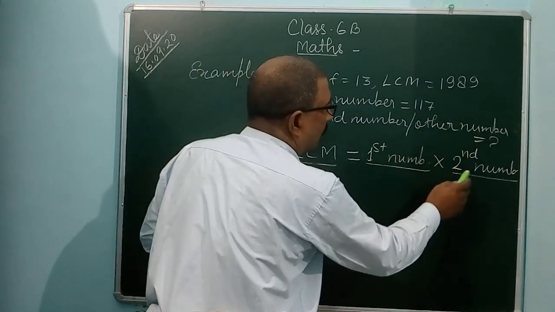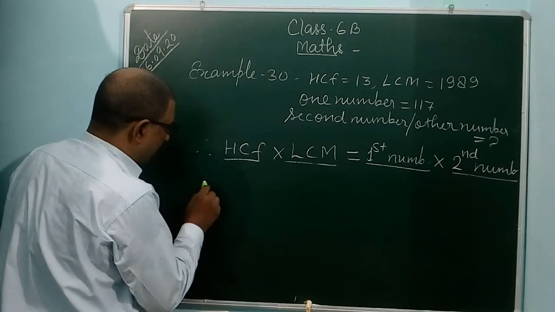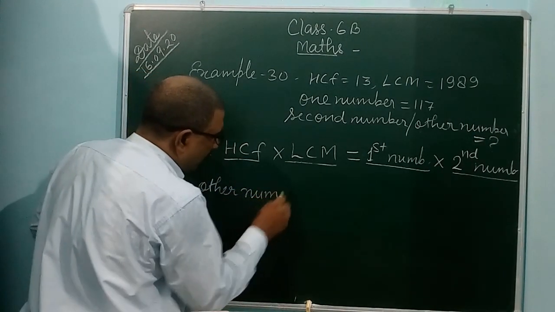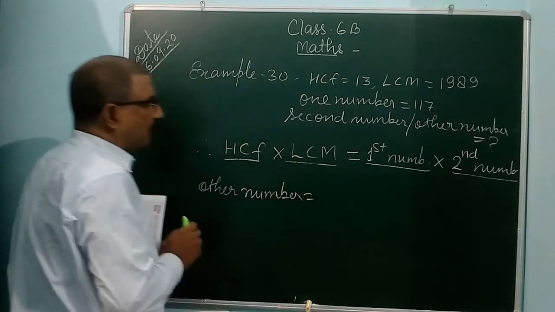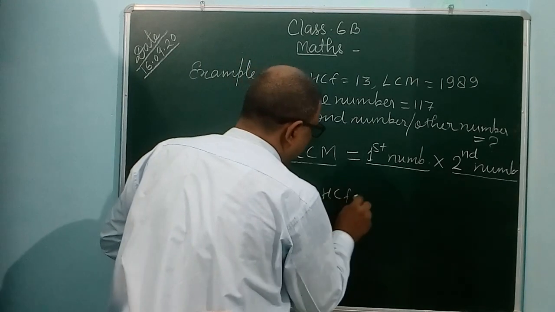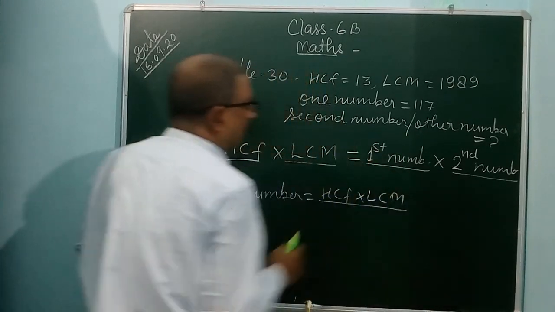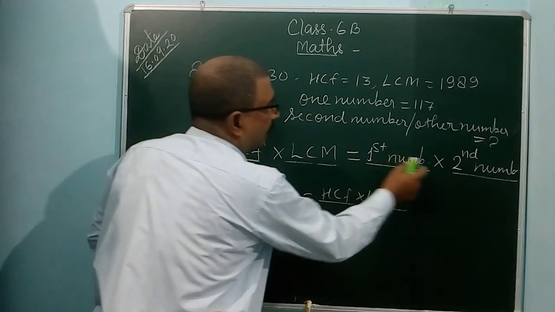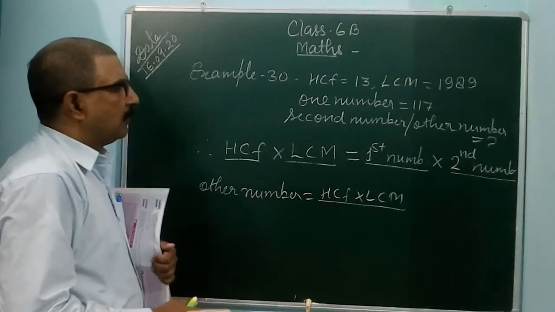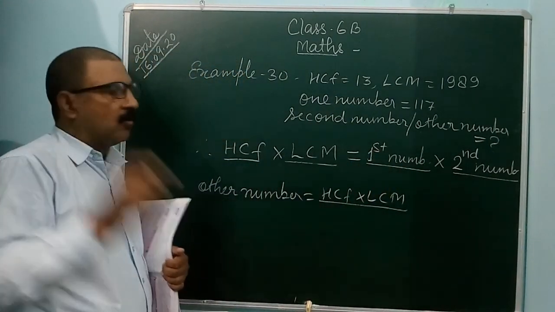Other number means second number. Other number is equal to HCF multiplied by LCM upon first number. This first number is multiplied by second number, so you are finding out the other number, the second number. You can also write first number as one number, no matter.